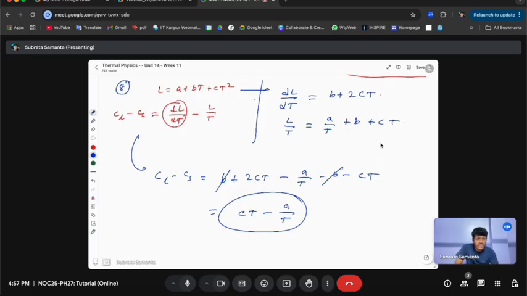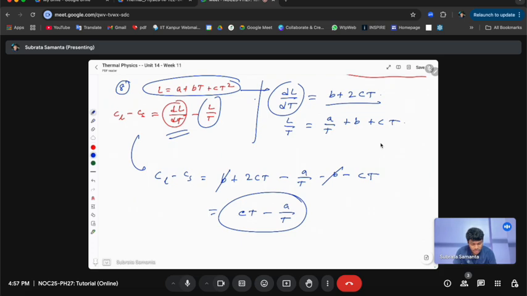So let's check the options. This is very straightforward. L is given, so we take the derivative with respect to T to find dL/dT, and then we use these equations. L is already known, so L over T is just L divided by T. Then Cl minus Cs becomes this, a two-three line calculation.